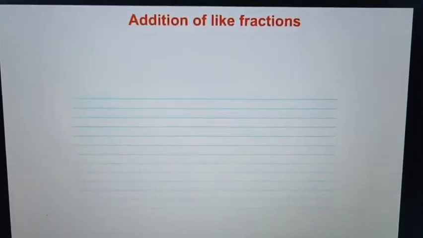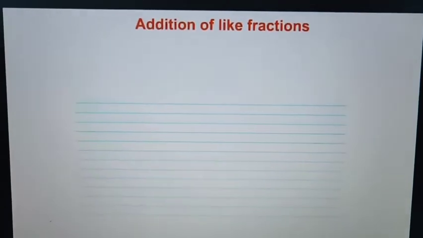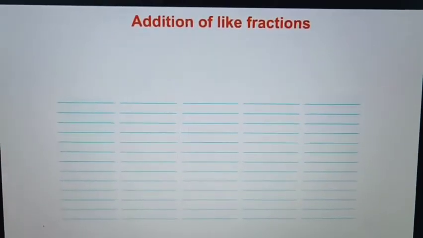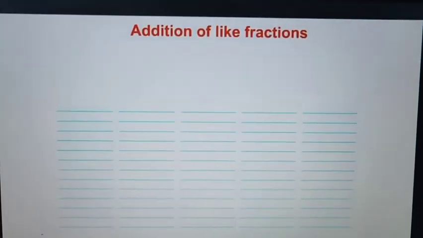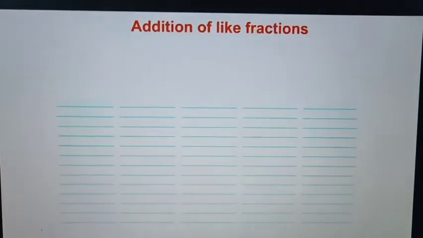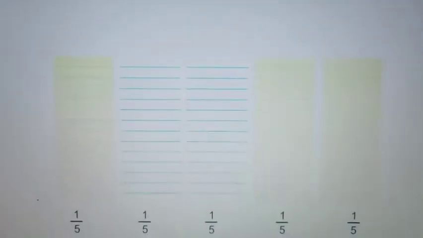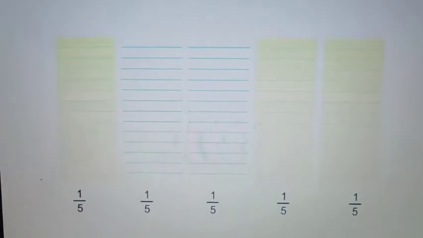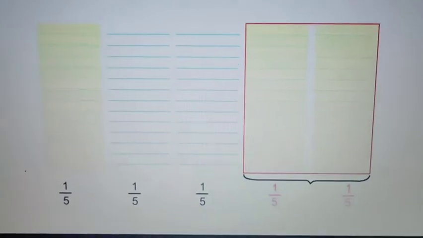Addition of like fractions. If we take a piece of paper and divide it into 5 equal parts, each part represents 1/5 of a whole. We notice that one part on the left and 2 parts on the right of the paper are shaded. One shaded part on the left represents 1/5 of the whole, and 2 shaded parts on the right represent 2/5 of the whole.